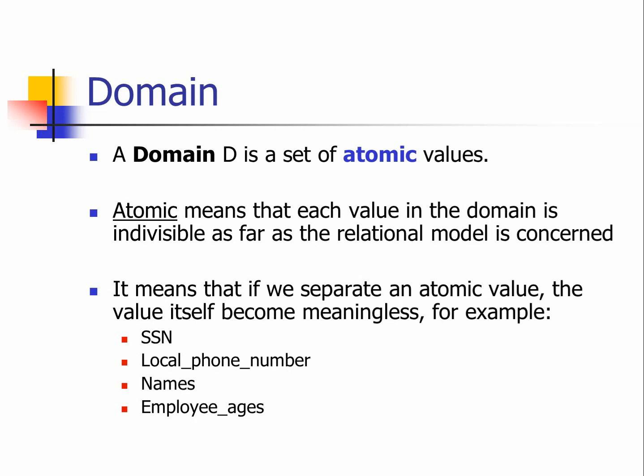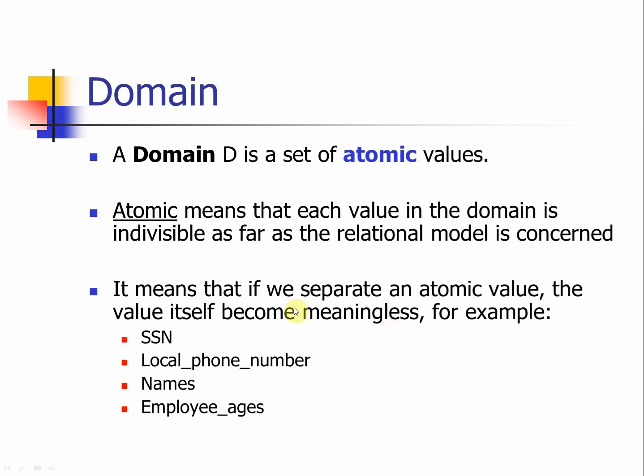Therefore, atomic values indicate those simple and single attributes. A composite attribute is not an atomic value. A multi-valued attribute is not an atomic value. And therefore, we need to handle those especially.